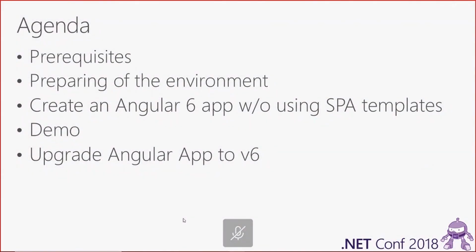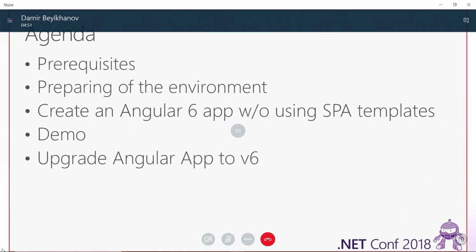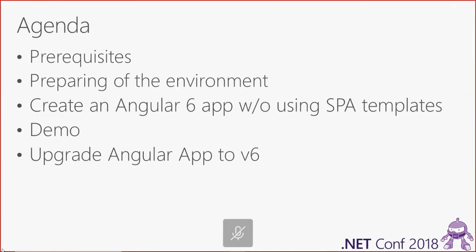So this is the agenda for today's talk. We will start with checking out the prerequisites, tools, and requirements for preparing the environment. Moreover, you will learn how to create web applications with and without using .NET Core single-page application templates in Visual Studio 2017.